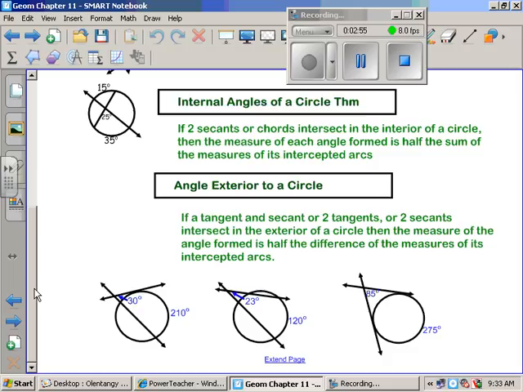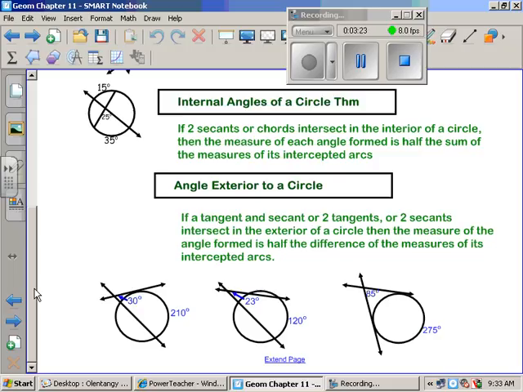And what did you find out about that angle? How was that angle and these arcs related? So you take the major arc minus the minor arc and then divide by 2. Right, exactly. If you took the major arc, the bigger arc, and subtract the smaller arc, the minor arc, and divide by 2, you get the measure of the angle.